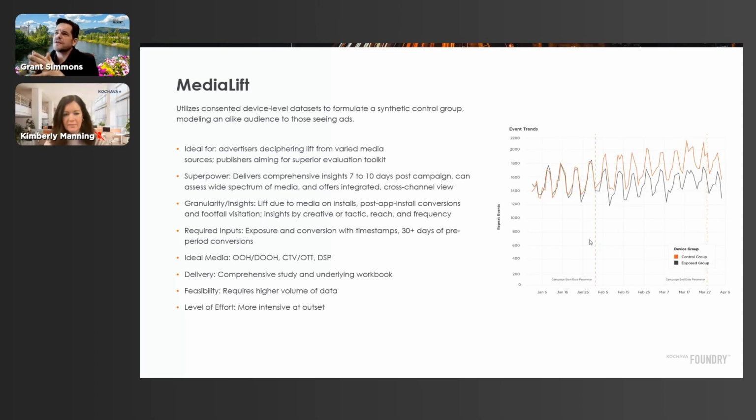This solution fits closest to Oracle's iMeasure solution or Nielsen's IRI solution, if anybody's familiar with those. But this is a synthetic control. We talked a lot about upfront controls earlier. This is a modeled control using a huge database of consented data, largely first-party data. That is the critical thing that makes this hum.